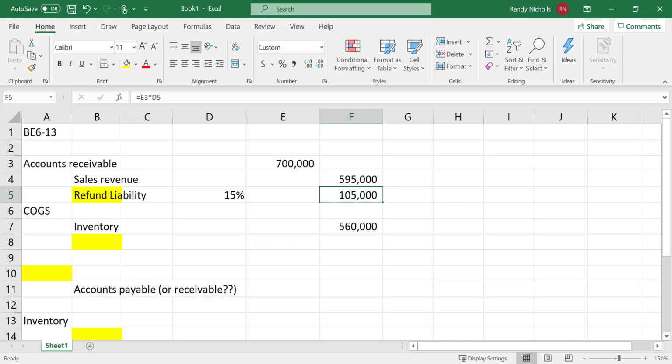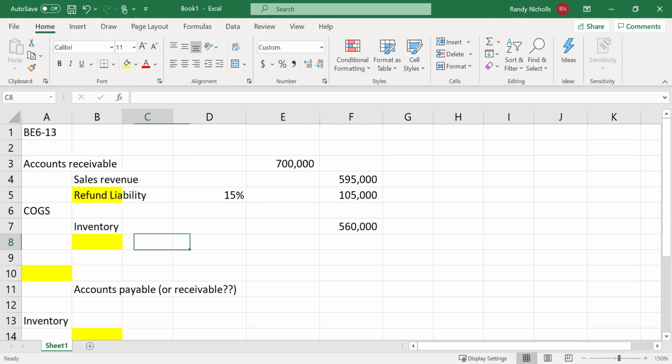So I think that makes sense from a sales standpoint. I ship 700,000. I only expect at the end of the day to sell 595. The other 105 I expect to get back. So I've got this liability that I owe to my customers. I took 560 out of inventory, but again, matching, I don't want to record all of that as expense and cost of goods sold because I expect to get 15% back.